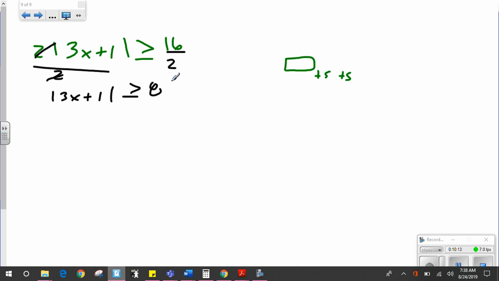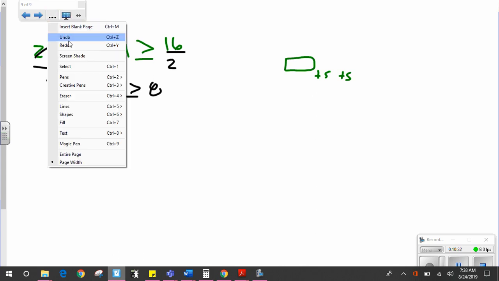So remember, this is a greater than problem, so it is an or inequality, which means two tracks, because there are always two tracks when you have the box.